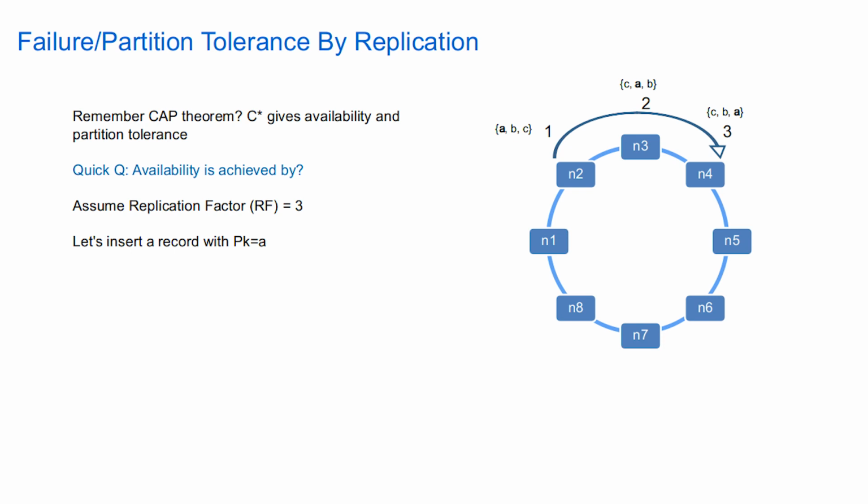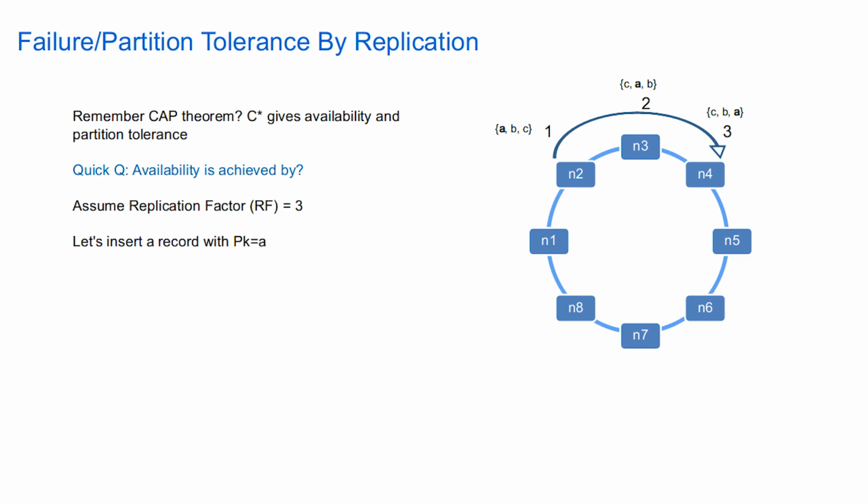Think about it. You have 1,000 nodes. Forget about 1,000. You have 20 nodes. Your replication factor is 3. When you are inserting data based on a partition key, your data is getting saved in 3 nodes. If those 3 nodes are up and running, is your partition key not available? Of course it is available.